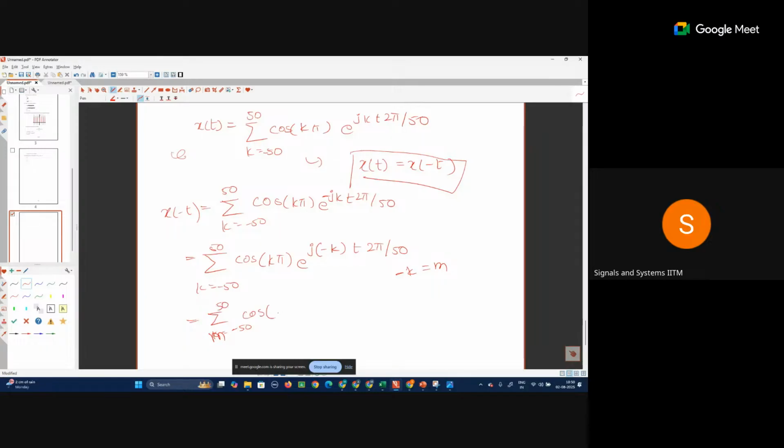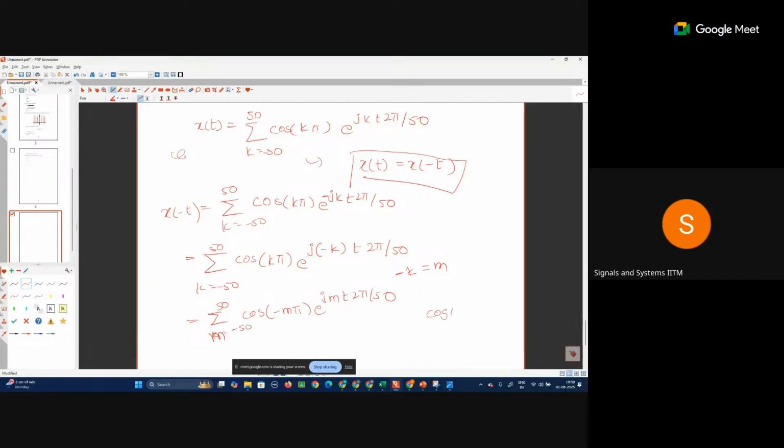So cos of minus m pi e power j m t 2 pi by 50. Till here, are you clear? Yes. Ma'am, the limit should be from 50 to minus 50, since m is minus k, right? It is a summation, so it could be of any order.